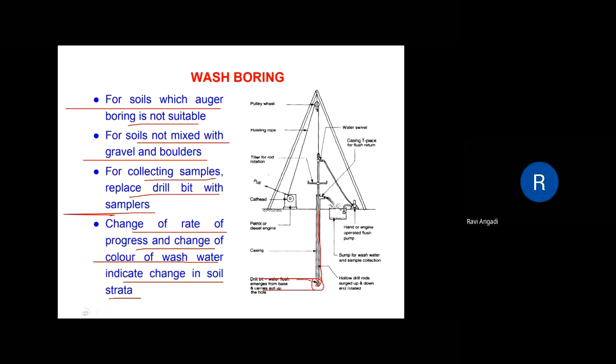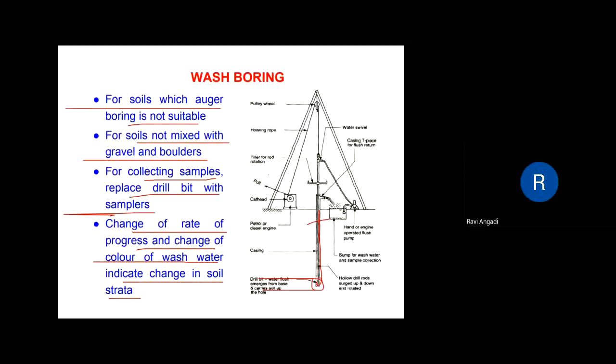This hole is continued by use of a chopping bit fixed at the end of a string of hollow drill rods. Then a stream of water under pressure is forced. Here water is injected inside the casing through the rod and the bit into the hole.